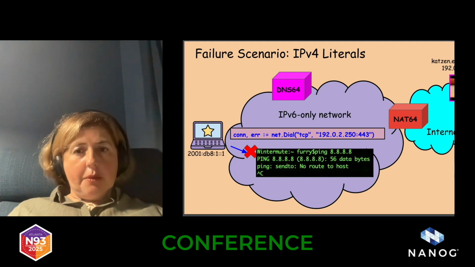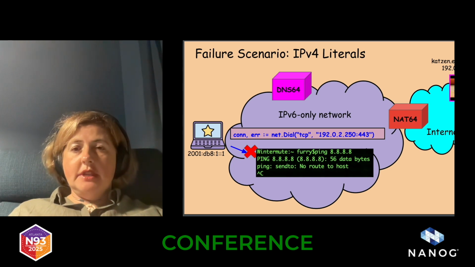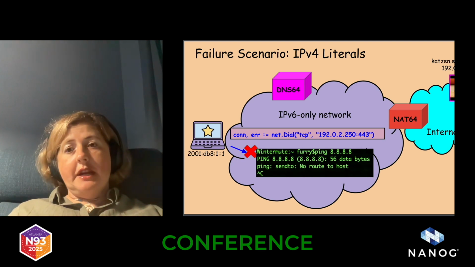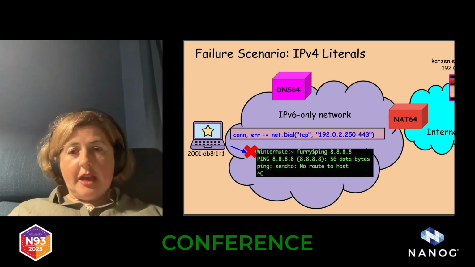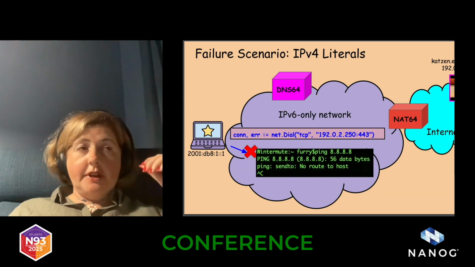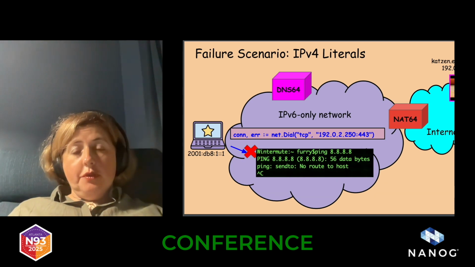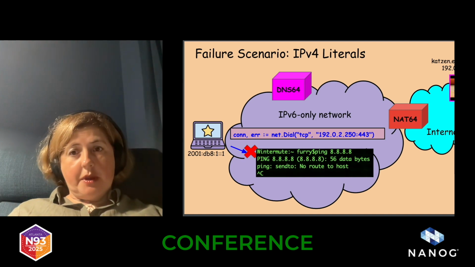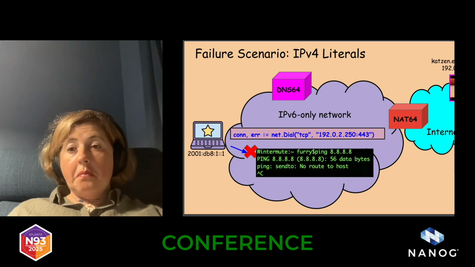If you have hard coded IPv4 addresses in your application, well, DNS is not used, DNS64 is not used, and your client obviously cannot send any IPv4 packets on the network. The same actually happens if you, for example, try to, I don't know, ping an IPv4 address. Ping would obviously fail, your support people get tickets, unhappy customers, and so on.